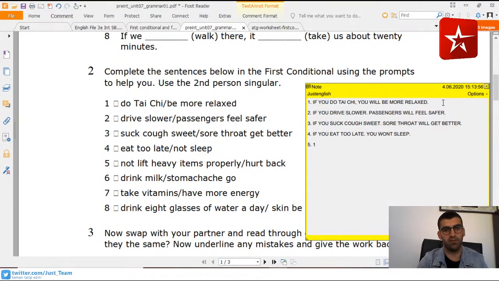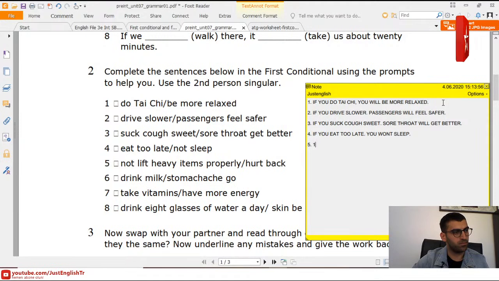Not lift heavy items properly and it hurt back. So number 5, how can we write this sentence in the first conditional type? Can you let me know?